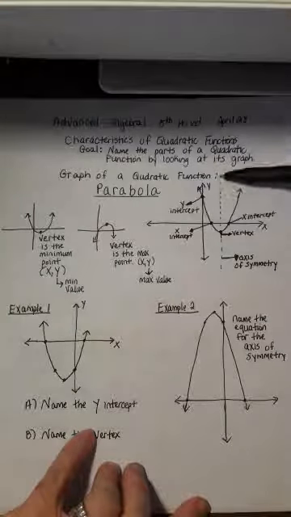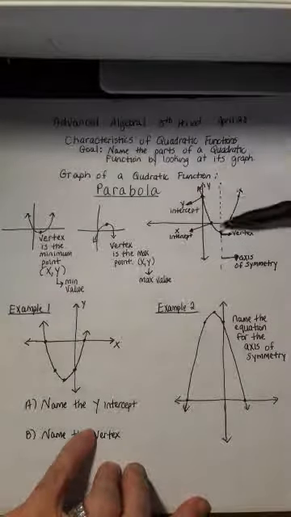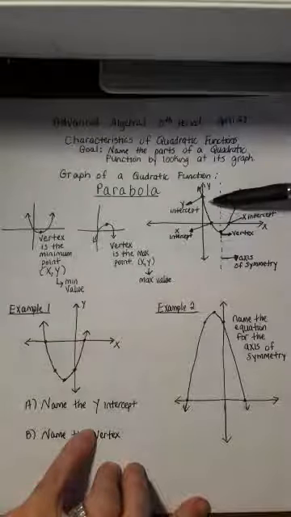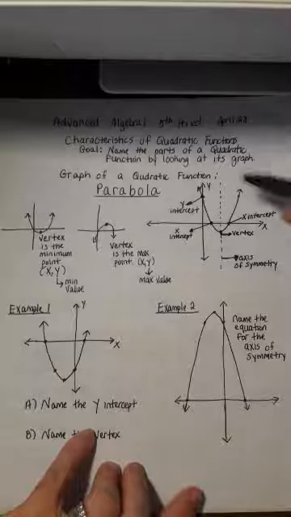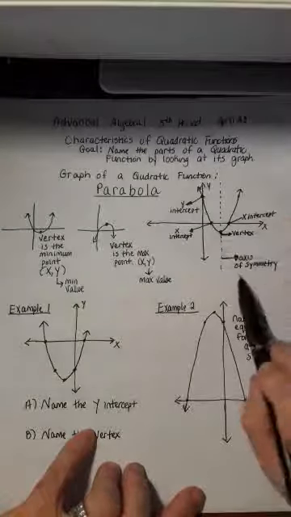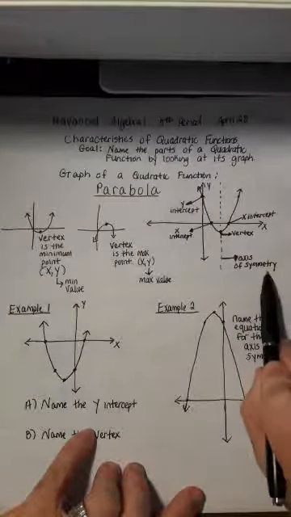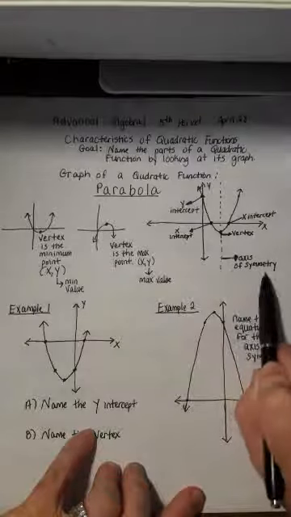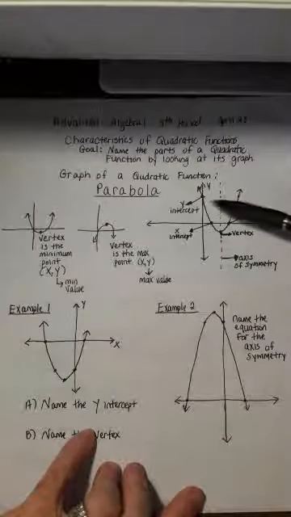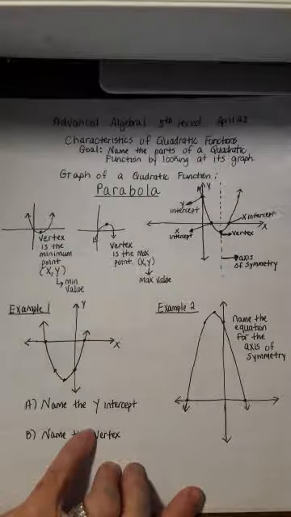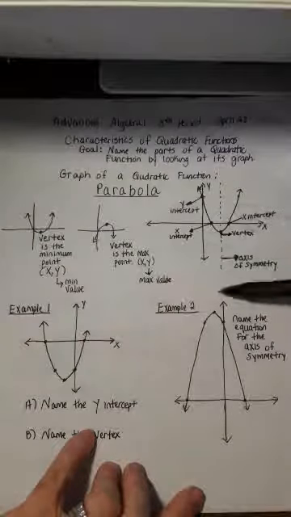It goes always vertical, and it's always straight down the center to where you have two mirror images on your parabola. And that is called the axis of symmetry. That's what it says here, axis of symmetry. And that's a vertical line. All right, so you have your y-intercept, your x-intercepts, your vertex, and your axis of symmetry.